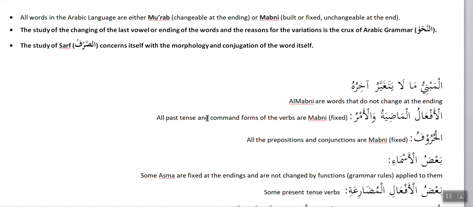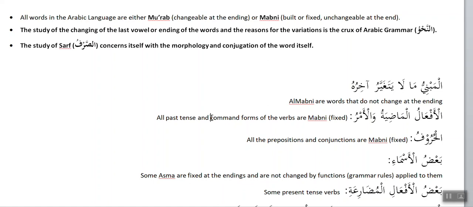All past tense and command forms of the verbs are mabni. Command is the imperative. For example, he wrote, she wrote, he read, she read. All of these are fixed. So all past tense verbs, the ending would always be the same. It never changes.